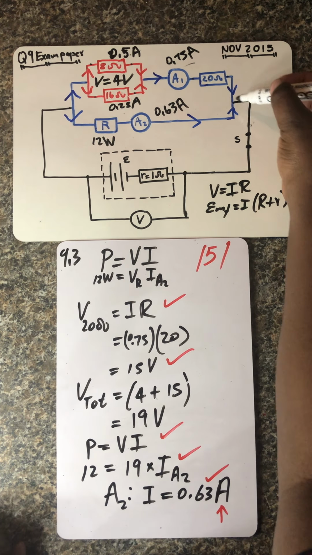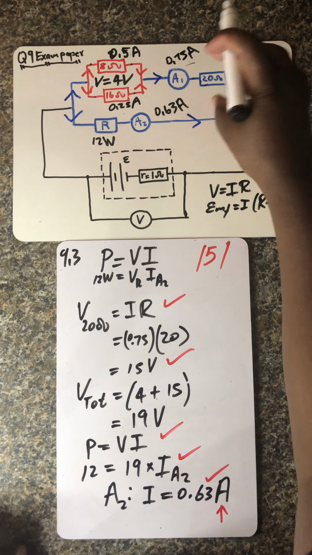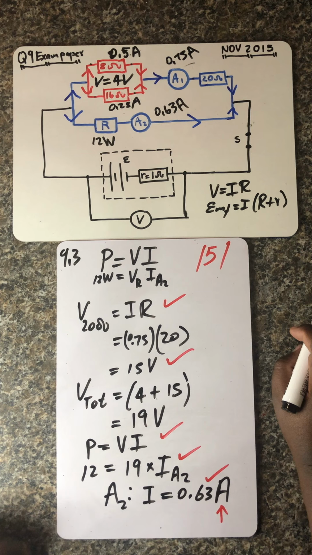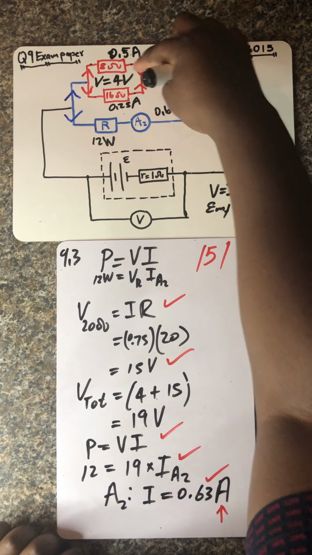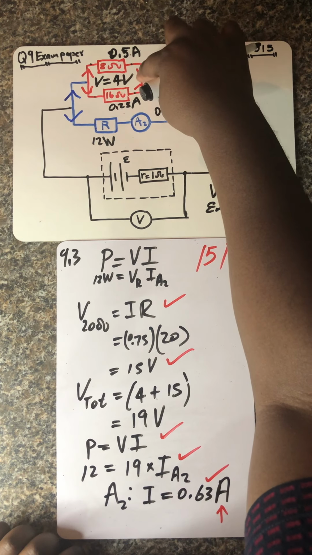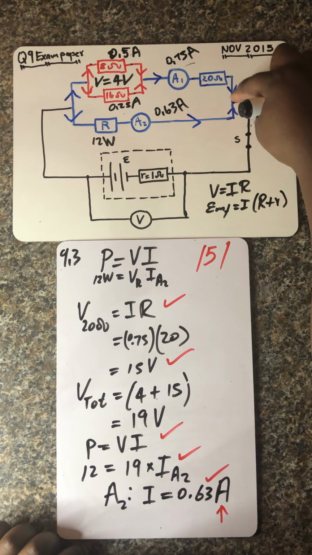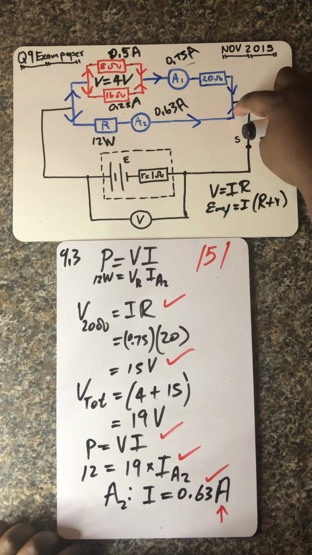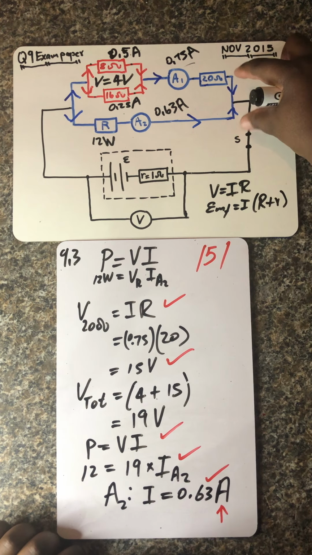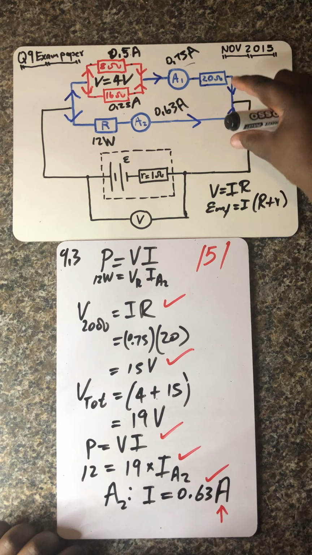Okay, so that means the current flowing there is the combination of these two currents. I'm not sure if you understand, guys. So for example, there you've got two currents. When you combine these two currents, they give you the current flowing there. Okay, so this current flowing there, as it joins with that current flowing from that side, when it gets to that point, it combines.